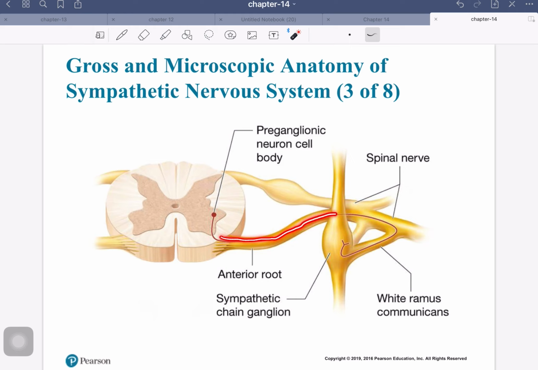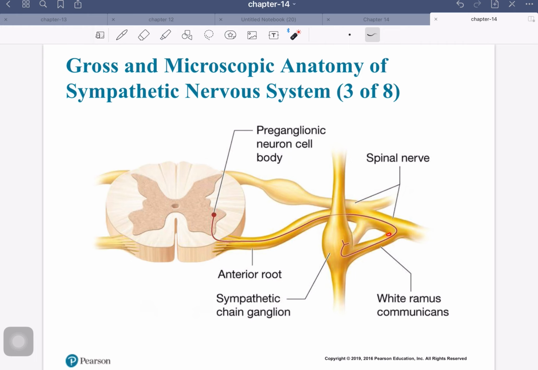It will enter and become part of the spinal nerve. And remember, spinal nerves are mixed because you have sensory going in, motor coming out. And it enters the spinal nerve. And then just as it starts its journey along the spinal nerve, it will take a little off-ramp and enter the sympathetic ganglia.